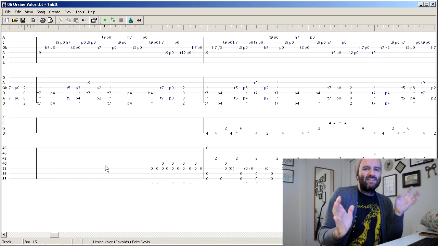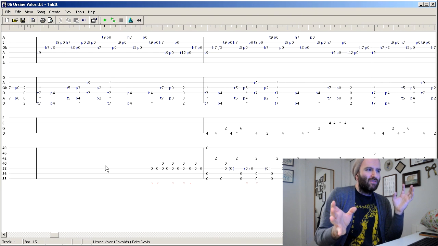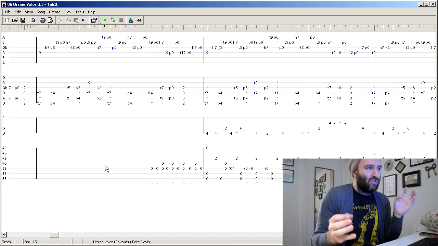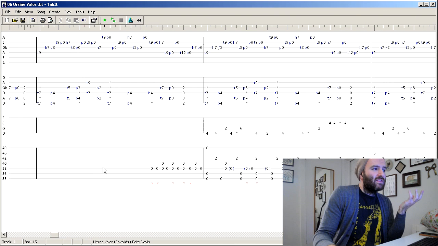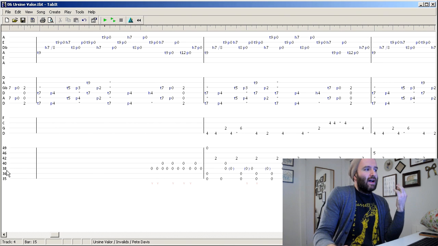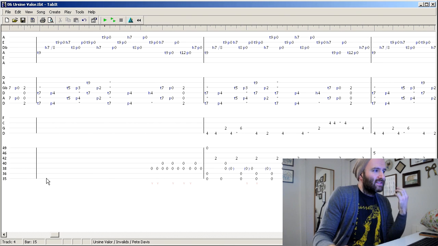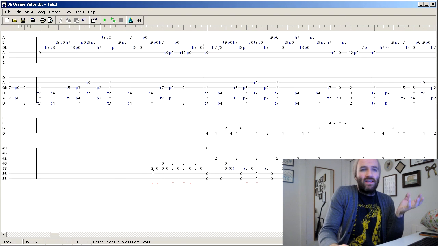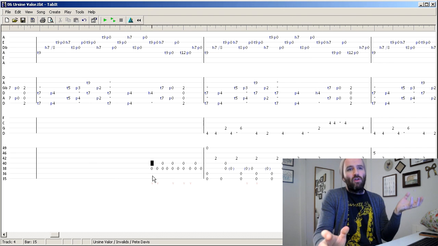So two ways to counteract the very robotic constant volume: number one, within Tabit, while writing the part, I like to double up on things like the kick and the snare because they're the most important drums. So 35 and 36 I have as kick drums, and here I have snare drums 38 and 40. Having two allows me to use one and make it soft, or use both and it hits really hard.